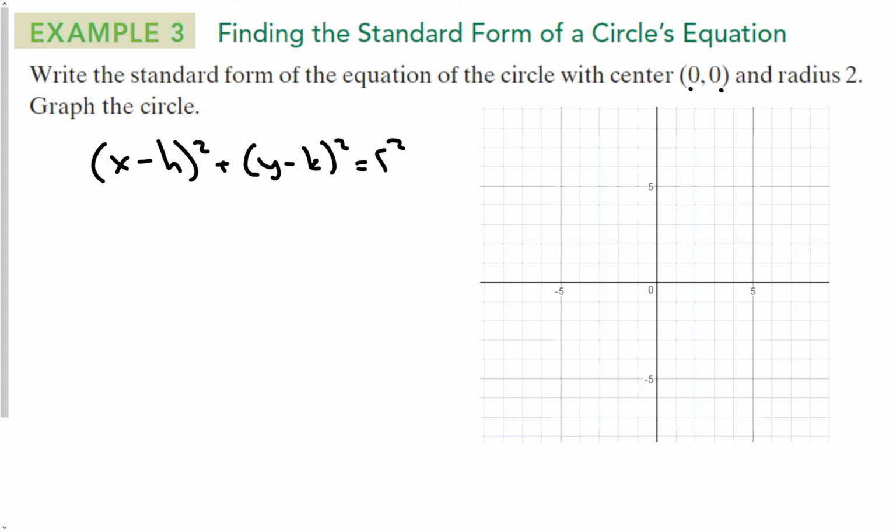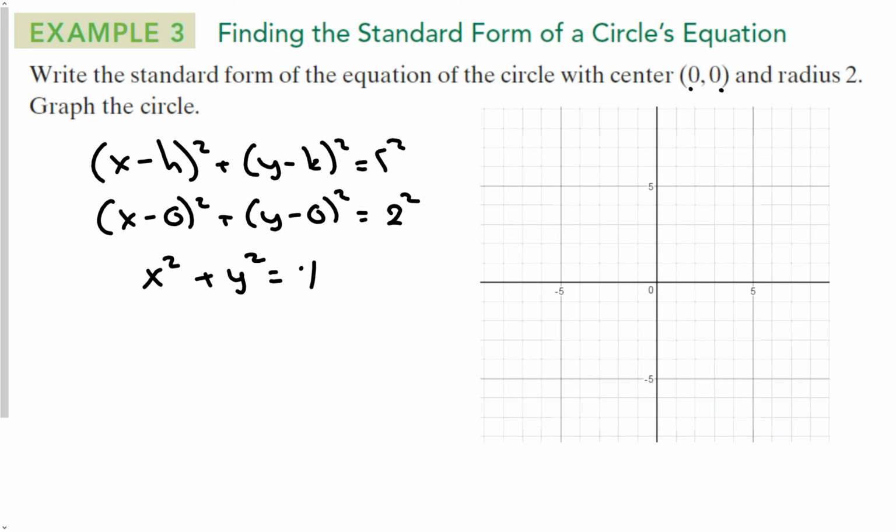There's h and k, so it would be (x - 0)² + (y - 0)² = 2². (x - 0)² is just x², so x² + y² = 4. And that's my equation for this particular circle with a center of (0, 0) and a radius of 2.